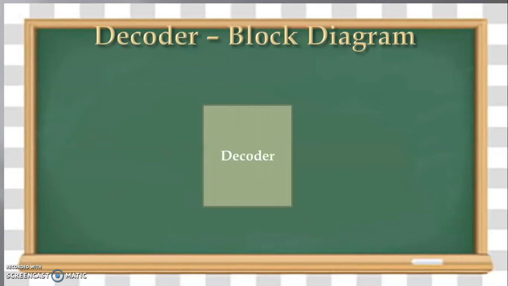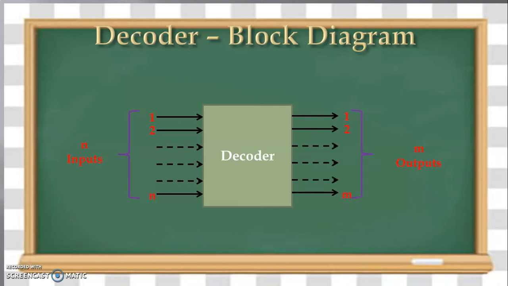We have the block diagram of a decoder. We have n number of inputs and we have m number of outputs, where m is 2 raised to power n. So we have a relationship between input data lines and output data lines.